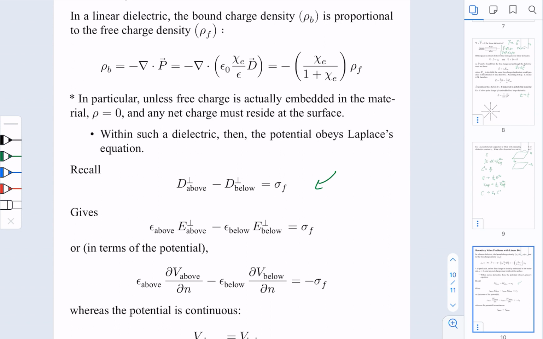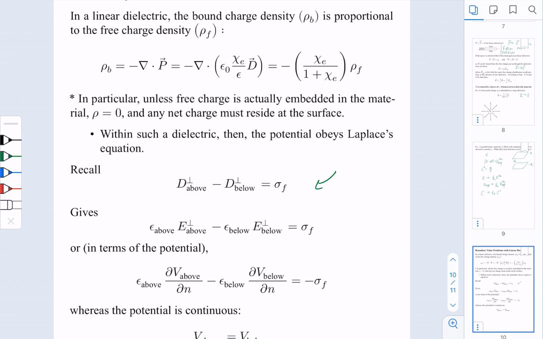So as long as you don't put any free charge in the region of interest, you can use the techniques from chapter 3 to solve boundary value problems with materials added.